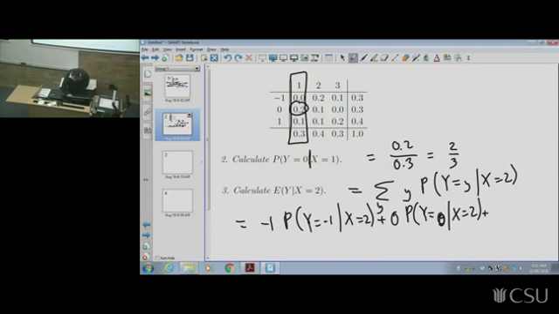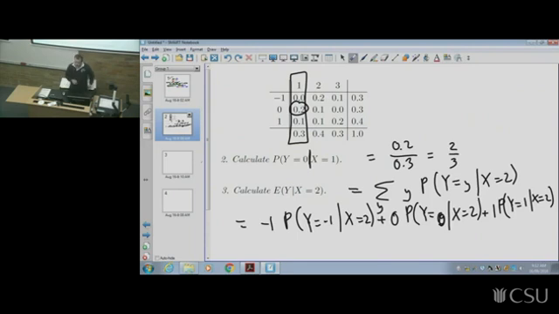Plus the next y value is 1 times the probability y equals 1 given x equals 2. That's what that sum sign means. So just summing over all the three different values we have for y in this case. Get the value in question, -1, 0, 1, multiplied by the corresponding probability. That's what expected values always are. The value times a probability, just adding up all these different terms.